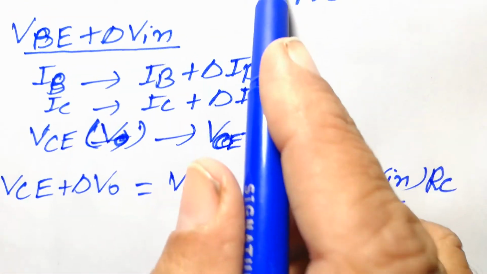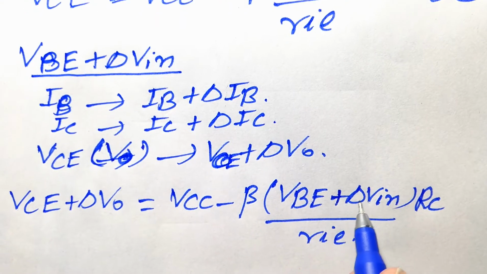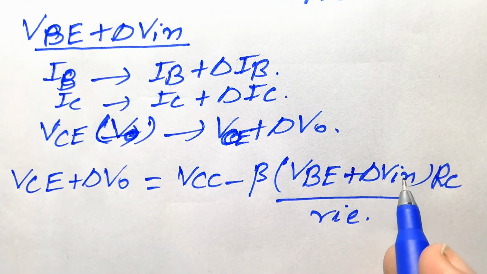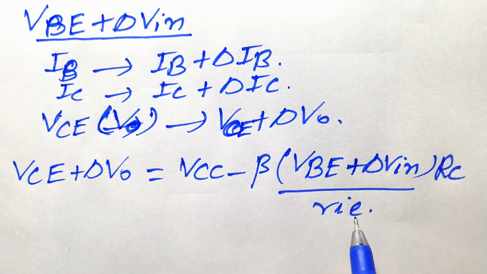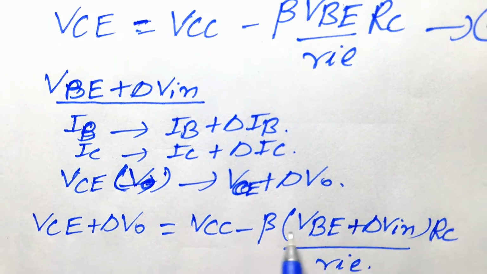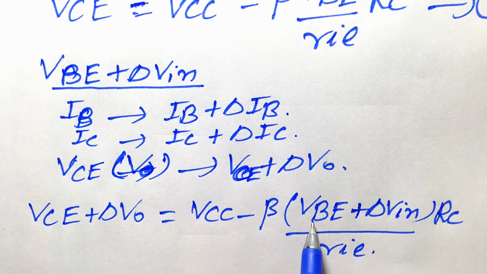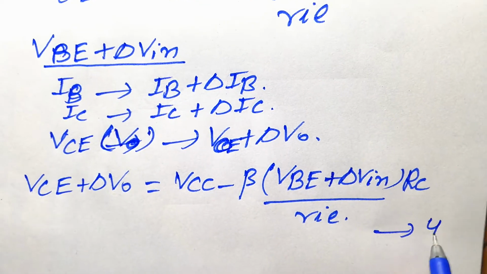Look at again here, VB, that is the input voltage, plus delta VIN, that is the small change applied to the base, times RC divided by RIE. So inserting these changes in equation number 3, we get this equation, equation number 4.